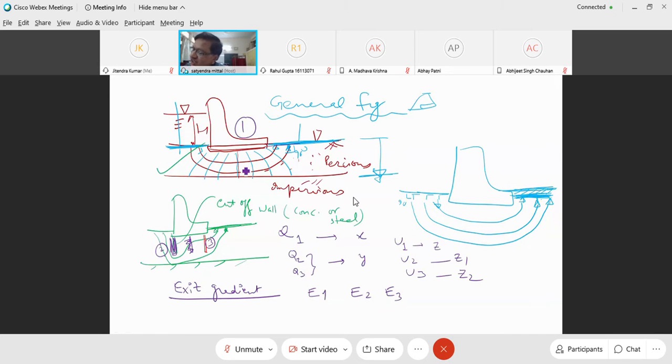If you see the topmost diagram, how many flow channels are there? Say this is one flow channel, this is the second flow channel, you see squares.